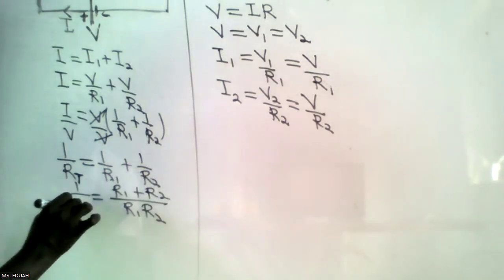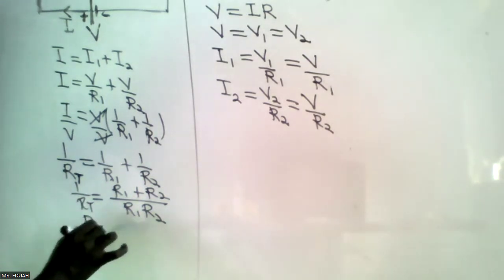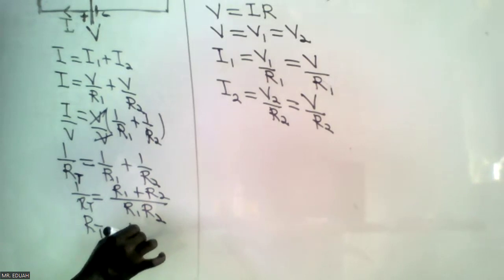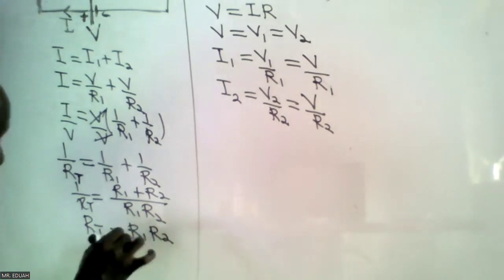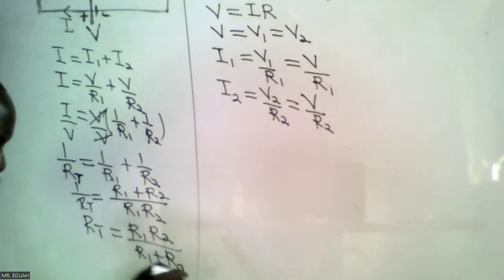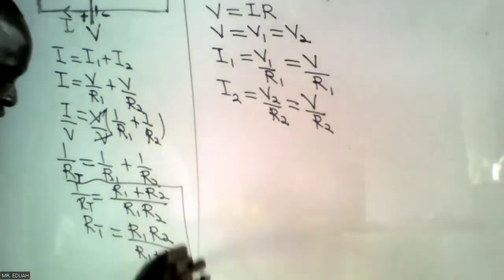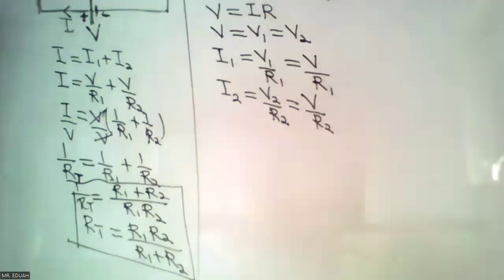So that if I find the reciprocal of this, I have RT equal to R1 times R2 over R1 plus R2. And this is the expression for two resistors connected in parallel.